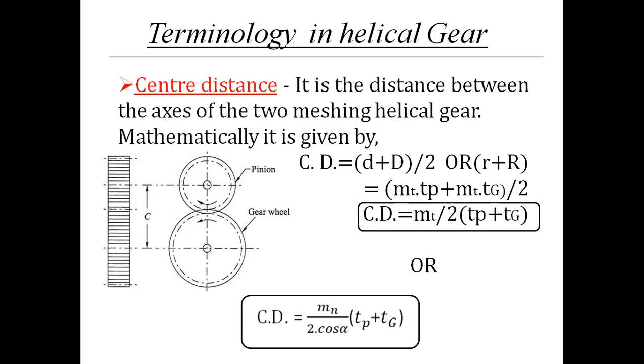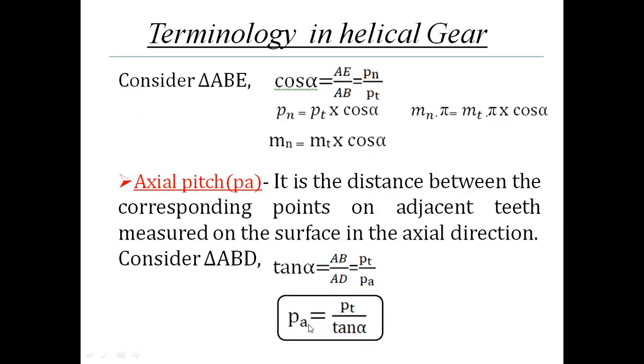Or the center distance in terms of normal module. What is the relation of MT and MN? MN is equal to MT cos alpha, so MT is MN divided by cos alpha.